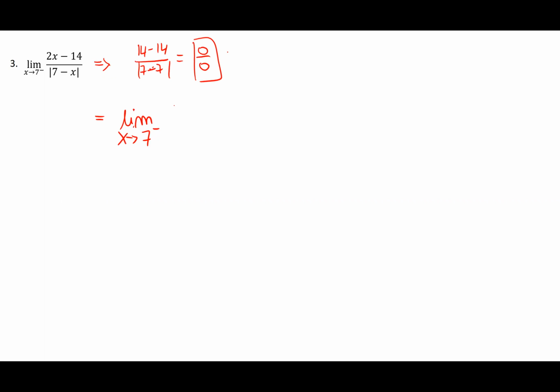Okay, first of all, I can factor out 2 from the top. I don't have absolute value, I can just do my algebra. And then I have 7 minus x. That's my absolute value quantity. And I have to investigate if this quantity is positive or negative.